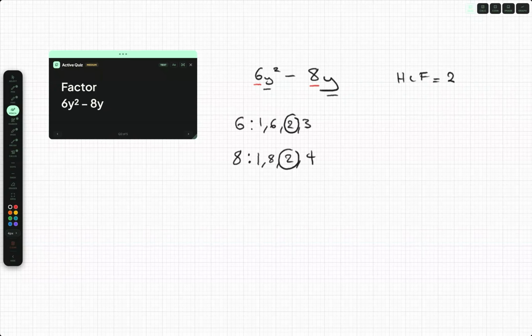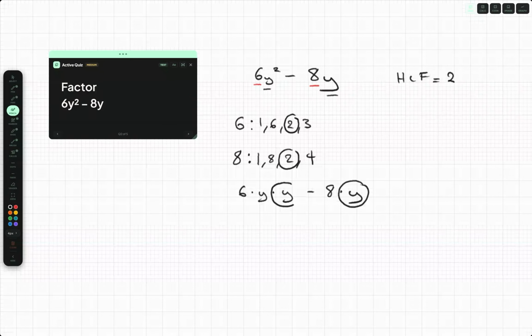But we can also factor out one pronumeral. So if we look at both terms, we have 6y squared, which is 6 times y times y, minus 8 times y. So a common factor that both of them have is in fact y. So we can also factor out a y out of this expression.